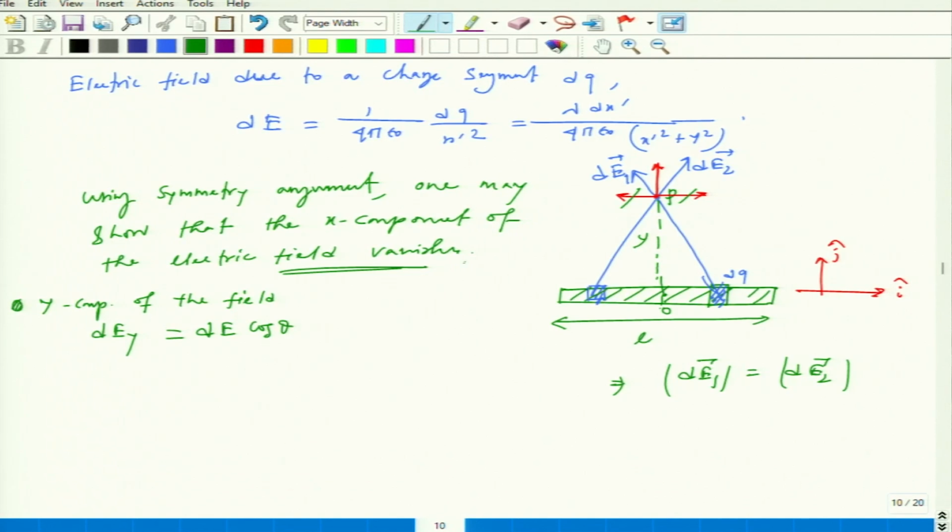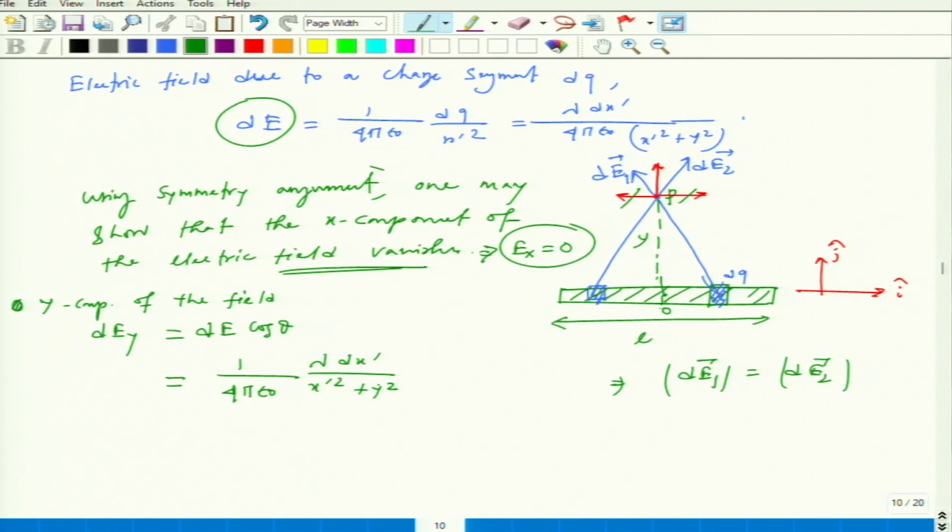This implies that Ex is 0, and so we calculate dE times cos theta. Now how to calculate dE? We already know it, so just plugging in, dE is 1 over 4 pi epsilon naught, lambda dx' over x'² plus y².